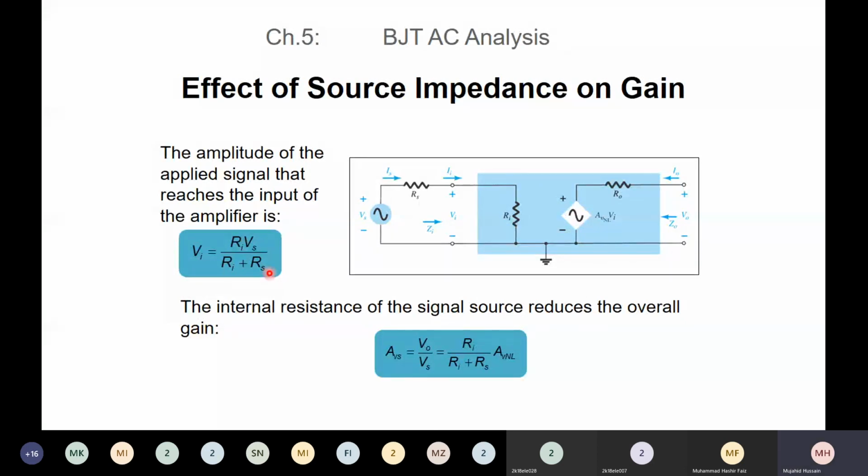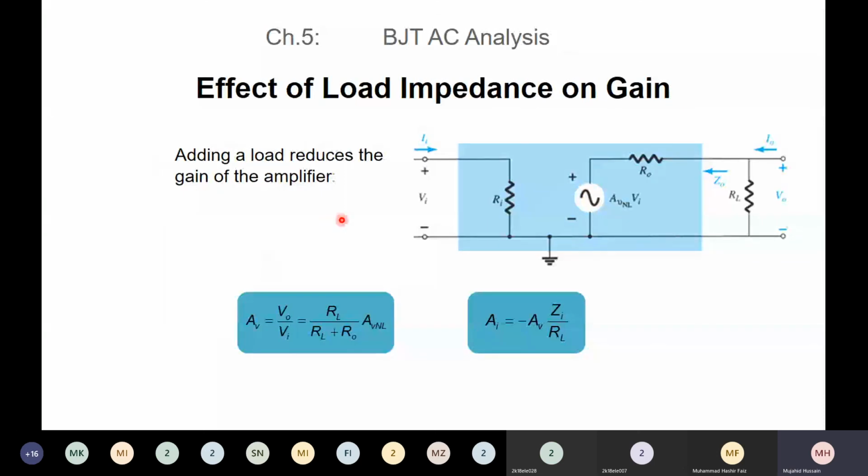Now this slide shows the effect of load impedance on gain. In the previous slide we considered the effect of source resistance. Now we are considering the effect of load resistance. So if you add a load at the output terminals, then apply a voltage division rule at the output side.